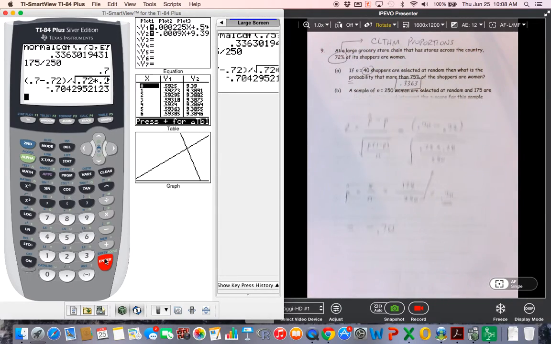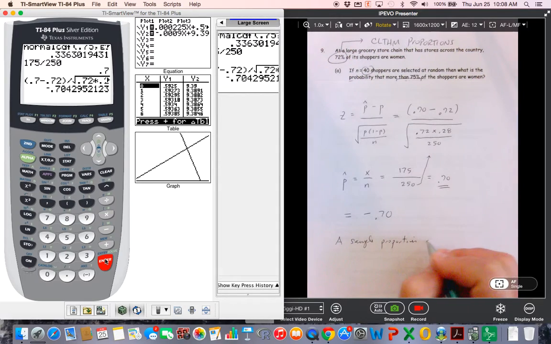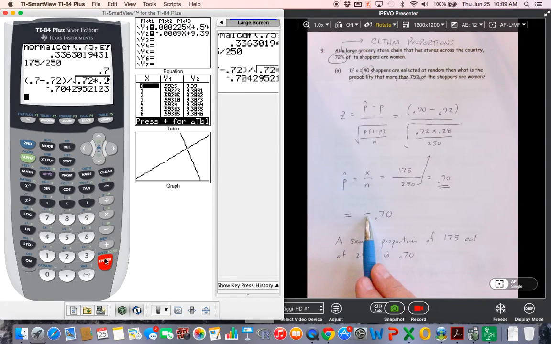Now I'm going to write this interpretation out. So we would say a sample proportion of 175 out of 250 is 0.70. Guys, we always use the absolute value of that, we don't include the negative or the positive. Just include the positive because this is negative, we'll use below, okay?